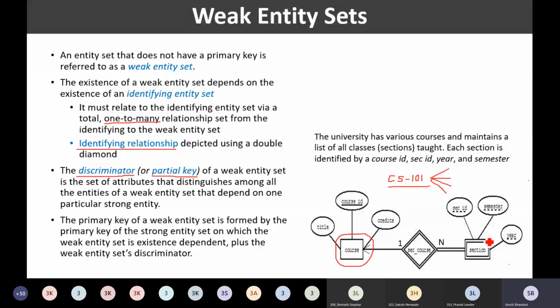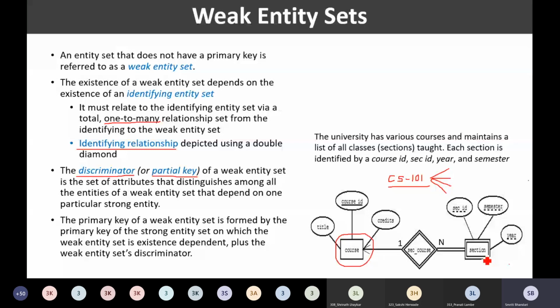So if I want to form a primary key for the weak entity set, I will use the partial key of the weak entity set along with the primary key of the associated strong entity set, on which the existence of this weak entity set depends. So this will give me the primary key of the weak entity set.